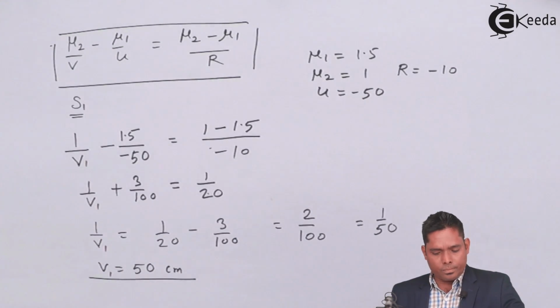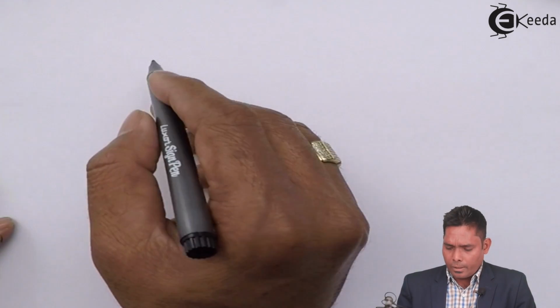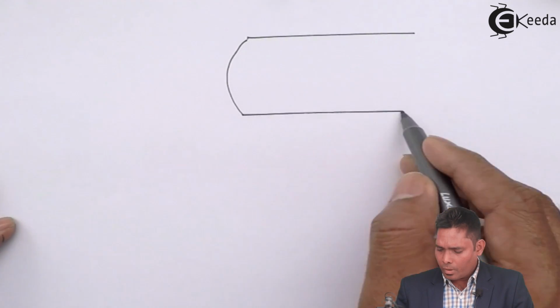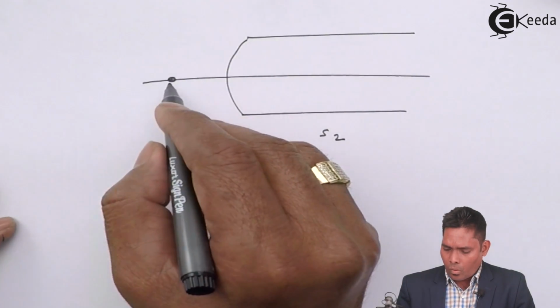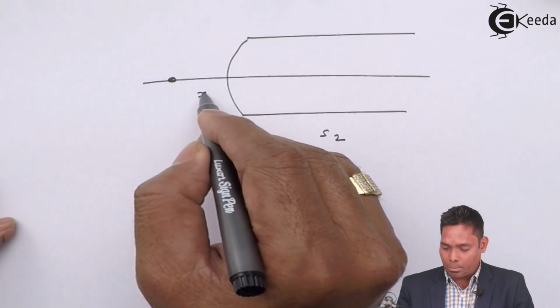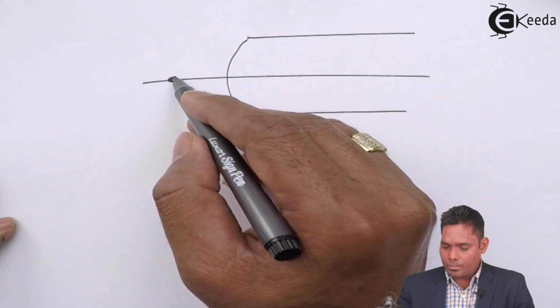Now if I see the second rod, S2, the image formed by S1 is at a distance of x, suppose, and that goes parallel.